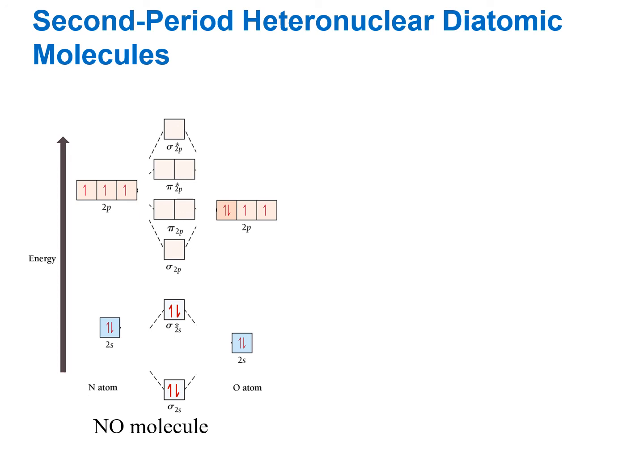Now let's look at our p orbital. Nitrogen is going to contribute 3 electrons. Oxygen contributes 4 for a total of 7 electrons that we have to place. So we're going to put a couple in the sigma bonding orbital, and then we're going to put another 4 in the pi bonding orbital, and then our next lowest energy orbital that we're going to put something in is going to be the pi anti-bonding.